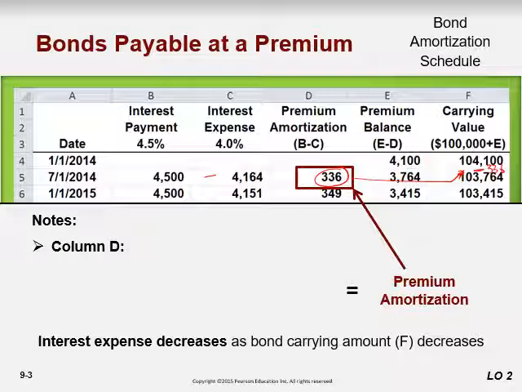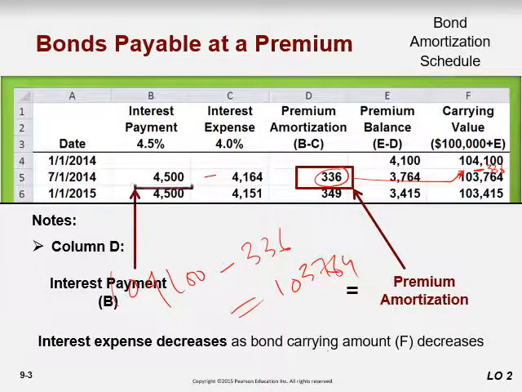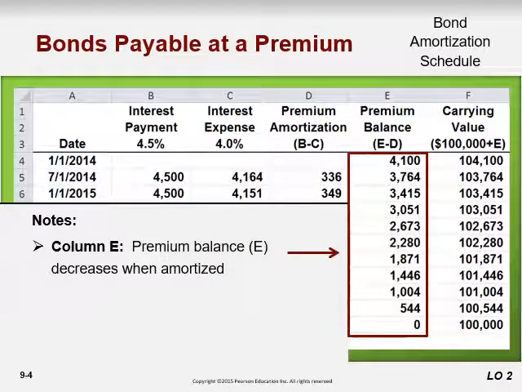336. So this 10764 came from, let me write it down here, 104 minus 336, the answer would be 103764, right? So you see the premium approaches zero.